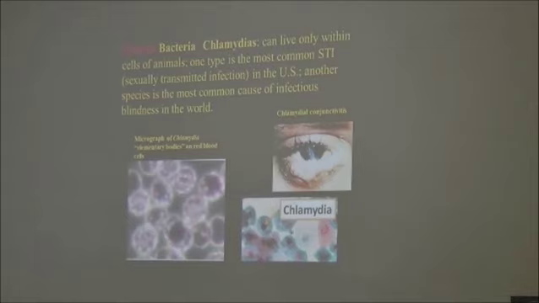But they go into a cell and they convert into something called a reticular body, which then divides and makes more of itself and harms the cells, and then releases a bunch more elementary bodies, which go and attack other cells. And it gets into bodies mainly through mucosal tissues, like in the eyes or in the genital area.